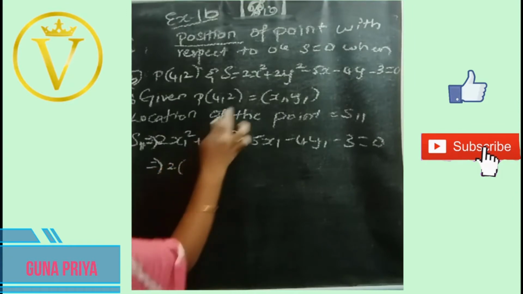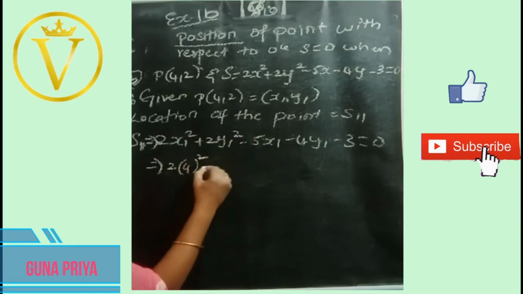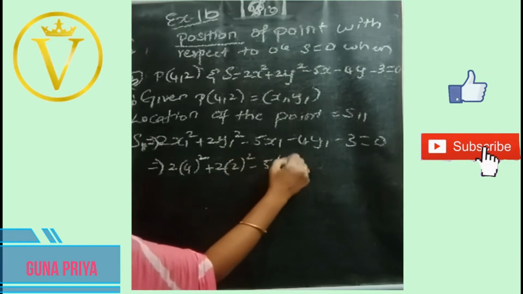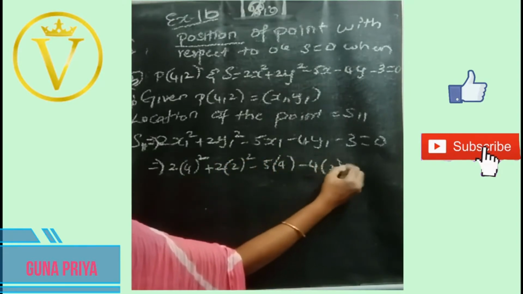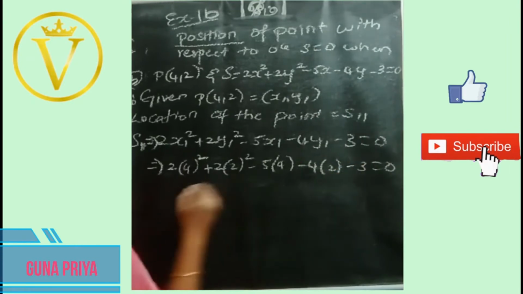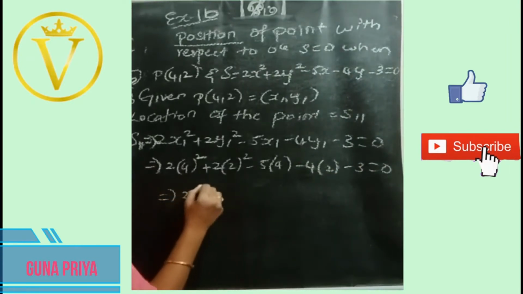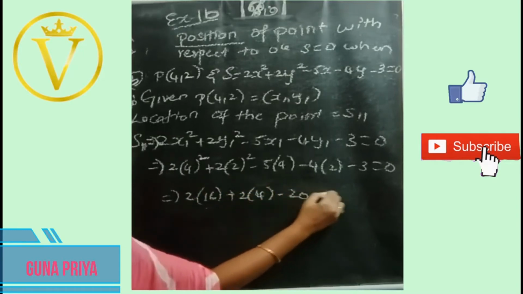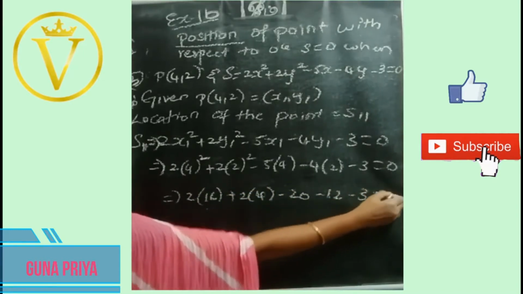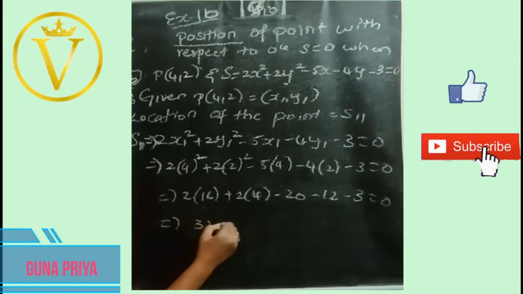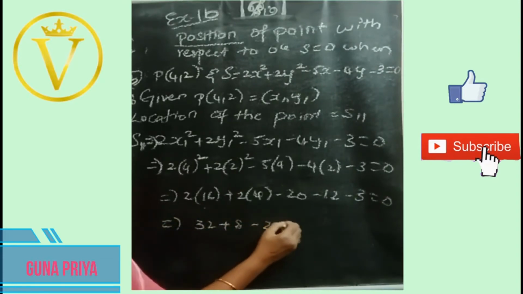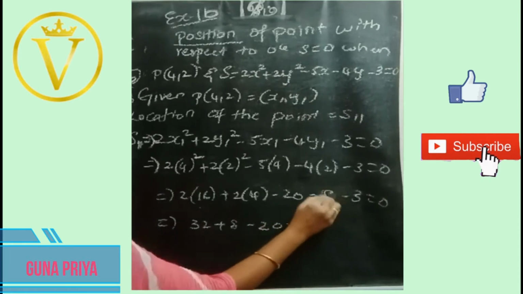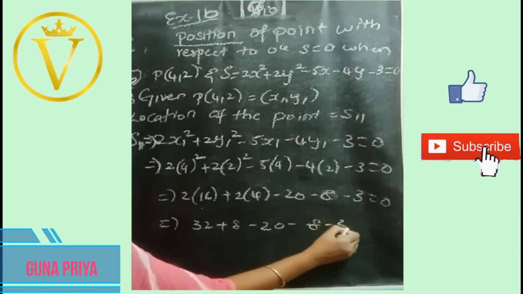Now substitute x1: 2 into 4 square minus 5 into 4, and so on. So 2 into 16 is 32, plus 8, minus 4 times 2 is 8, minus 3.